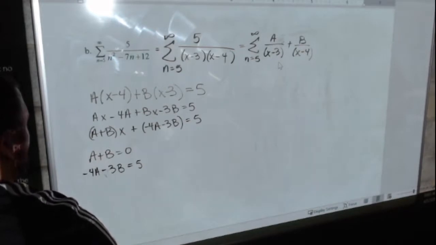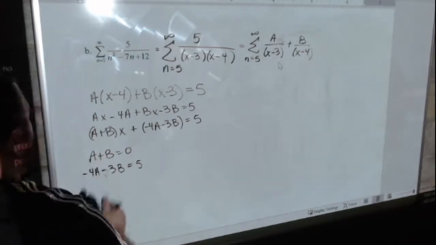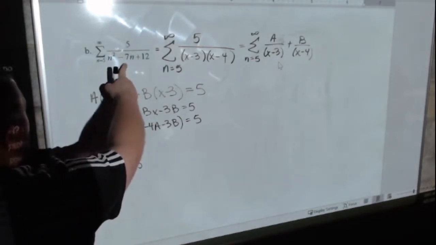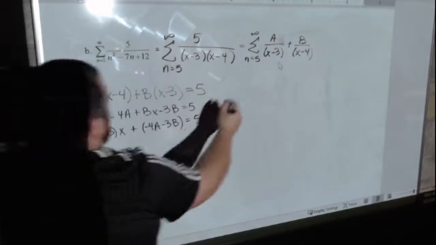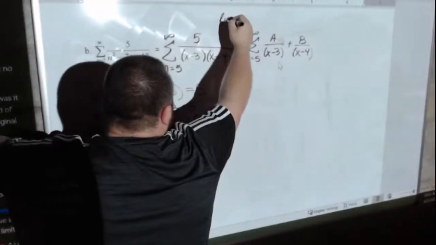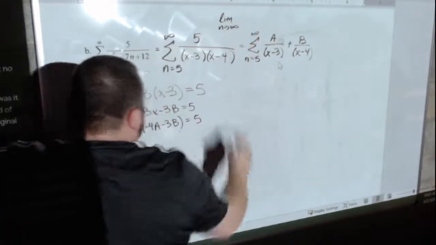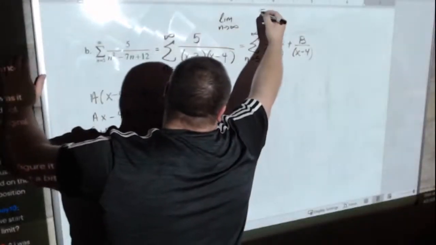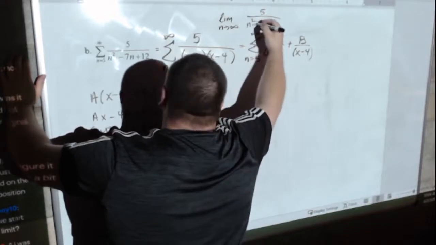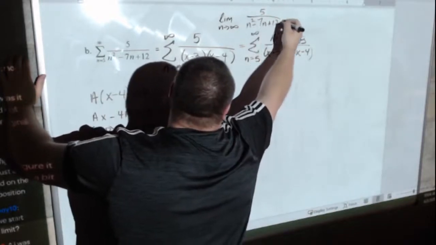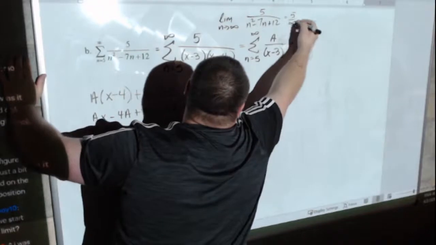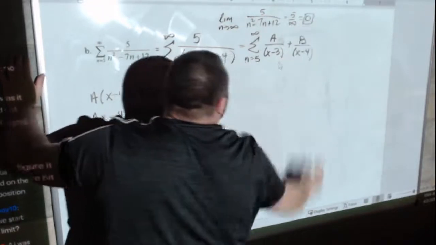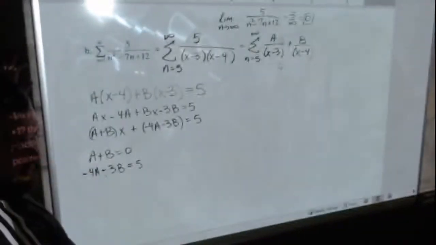And I realized before we started doing all this, we should have taken the limit, right? Limit as n goes to infinity, because if this thing doesn't converge, there's no sense in doing it. And thankfully it's quite easy to show that that goes to 0.